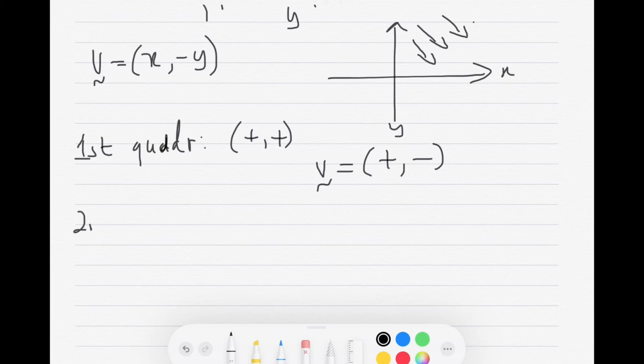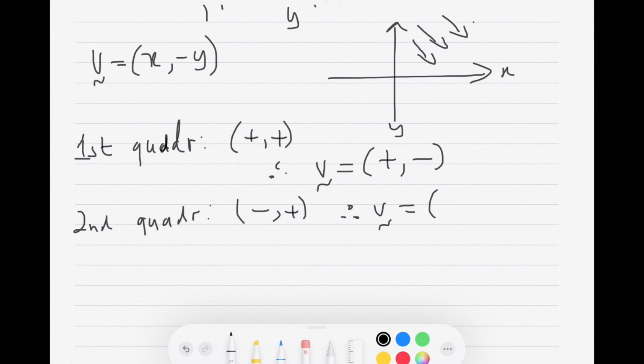In the second quadrant, we have the x's negative and the y's positive. Still positive. So therefore, the consequence on the signs of the vector field, keeping in mind that the vector field V is still x, minus y, but now the x is negative and the y is positive.